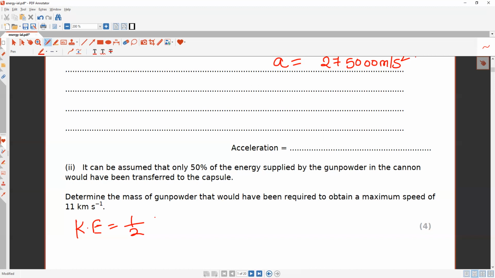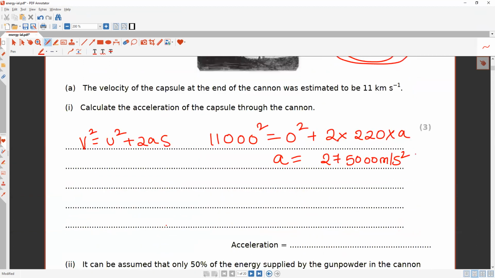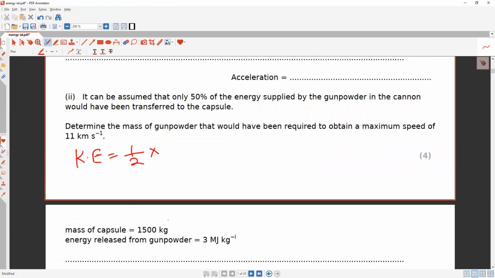So half m v square. What is the mass they gave us? Did they give us any mass over here? Yes, they did. The mass of the capsule is 1,500 kg. Half m v square, 11,000 square. Kinetic energy is half m v square. Calculate it. Tell me what answer you are getting.